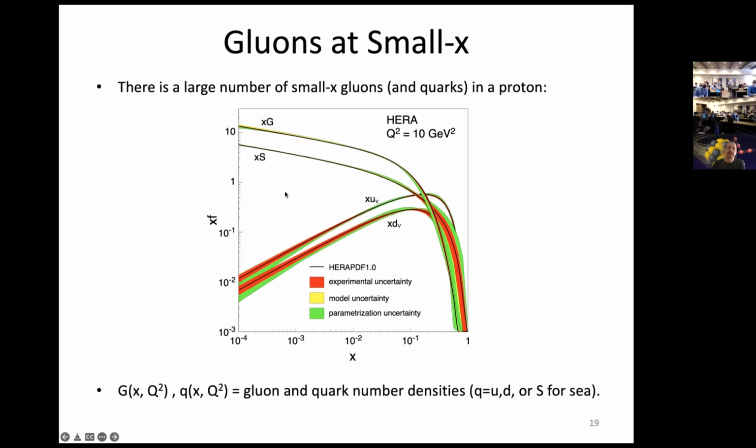As is clear from this plot, at small x, sea quarks and gluons, their numbers are much larger. Of course, they dominate over valence quarks, and moreover, gluons also dominate over quarks at small x.